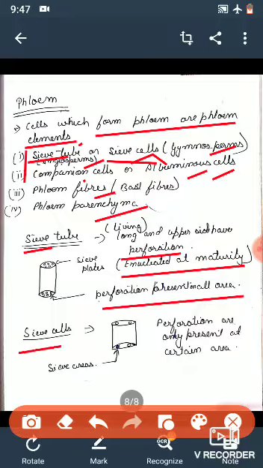The sieve cells are also long, but perforations are not present all over the area, only at certain areas. So these phloem elements help in the transportation of food. So these were the complex permanent tissues, xylem and phloem.